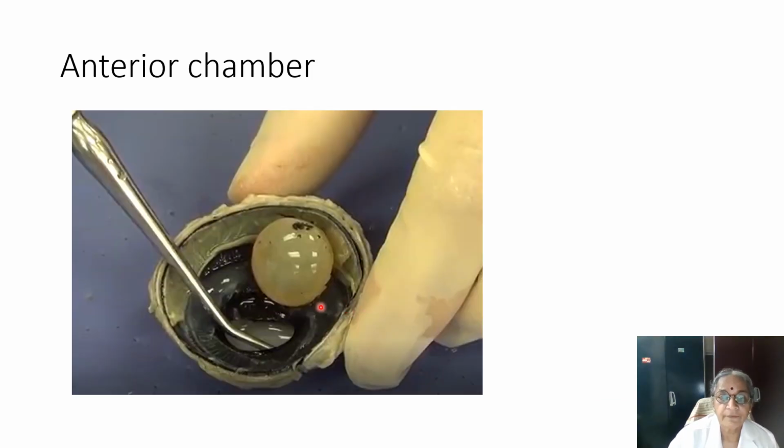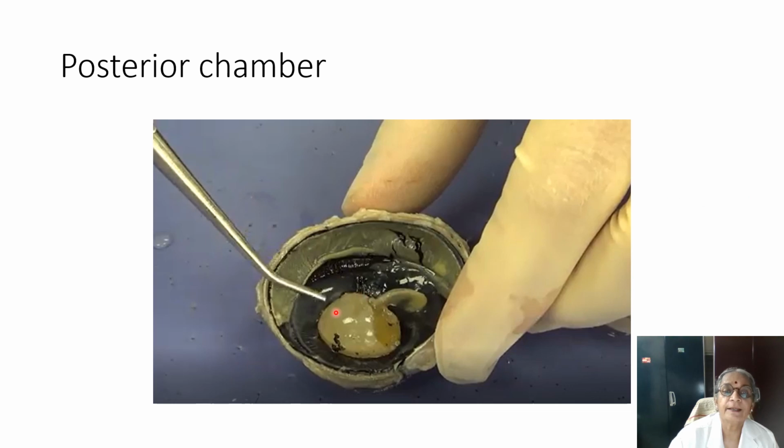Now let us see what is the anterior chamber and what is the posterior chamber. If you can identify the iris, between the iris and cornea is the anterior chamber. The probe is in the anterior chamber, and between the iris and the lens is the posterior chamber.